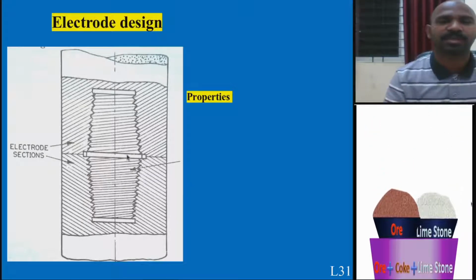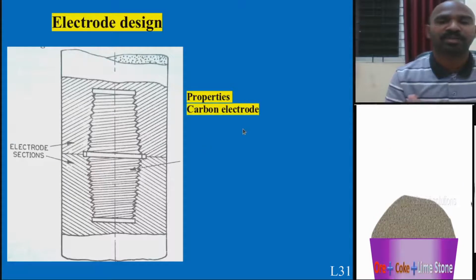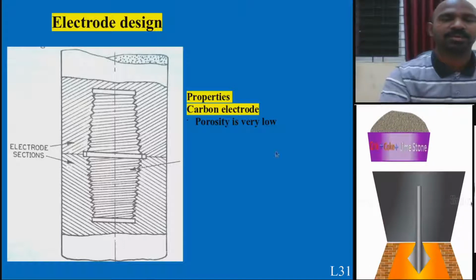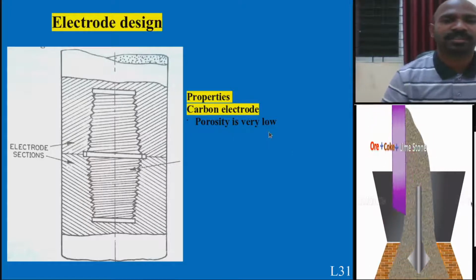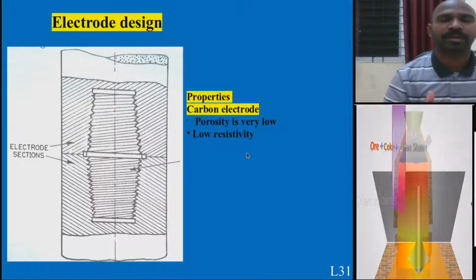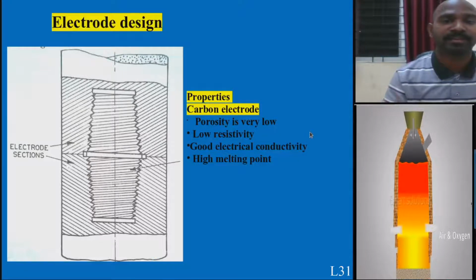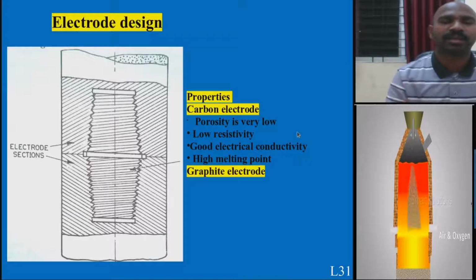This is a cross sectional view. Regarding the properties it should have, if it is carbon electrodes, more than 2 are used. If it is a carbon electrode, it has very low porosity, thermal resistivity is low, electrical conductivity is good, and melting point is high. If it is a graphite electrode, a single electrode is good enough using DC current.